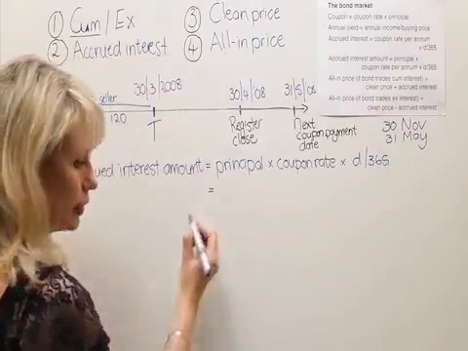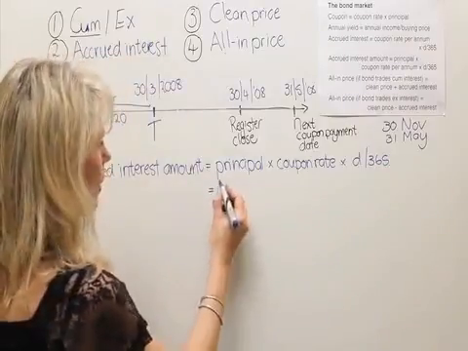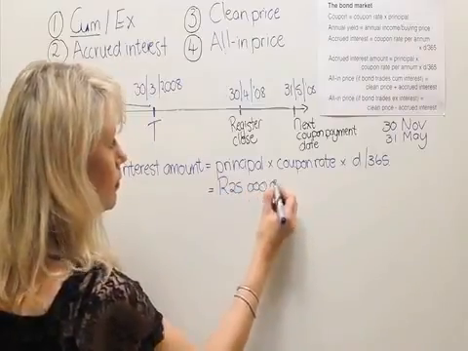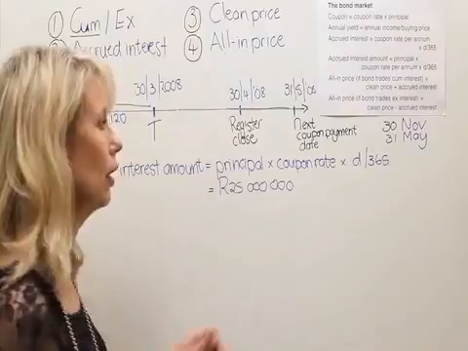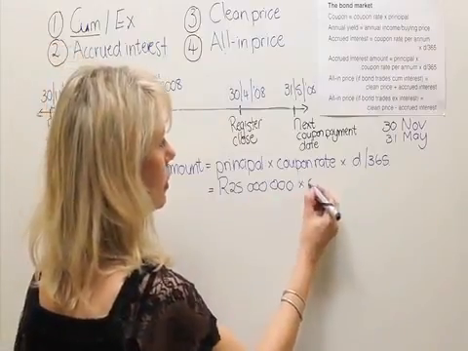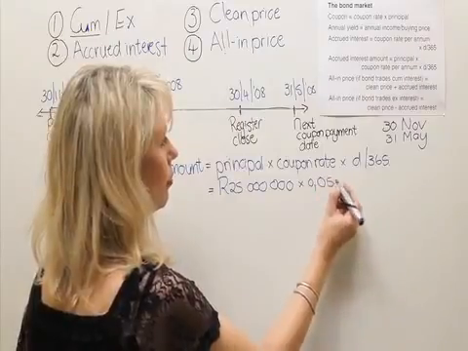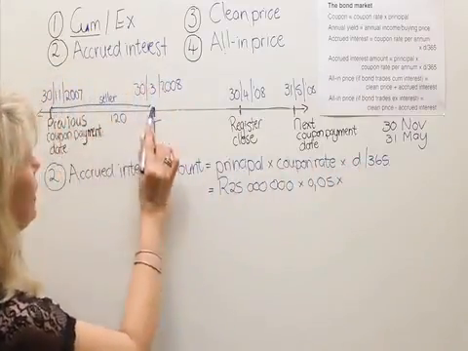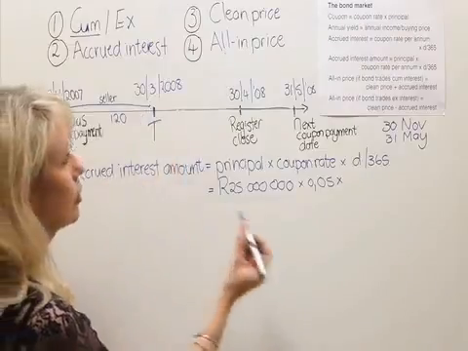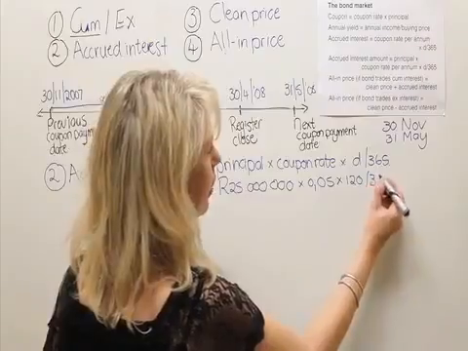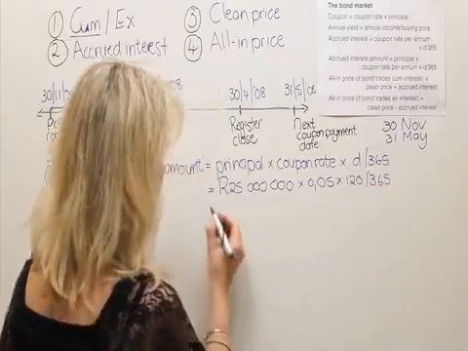So the principal of bond A is 25 million. The coupon rate is 5%, so 0.05, and the number of days is 120 days for which we have to calculate accrued interest. So it's 120 divided by 365.